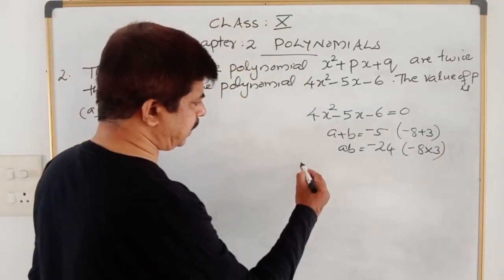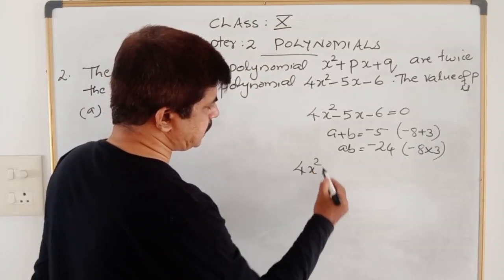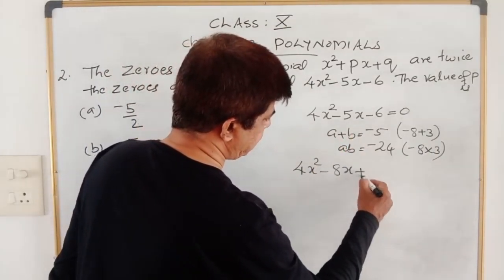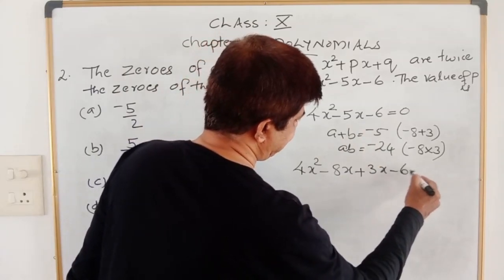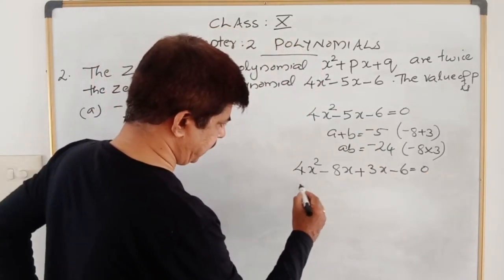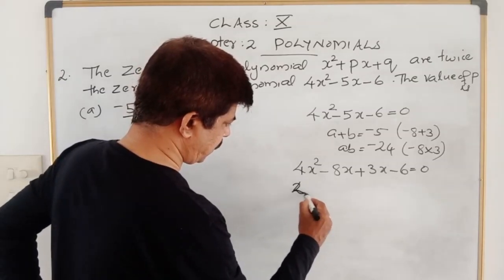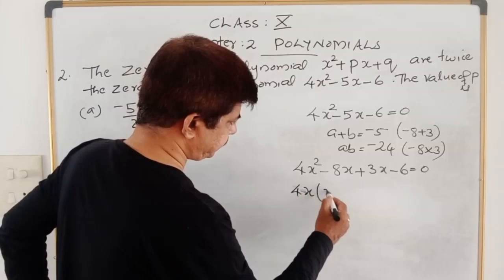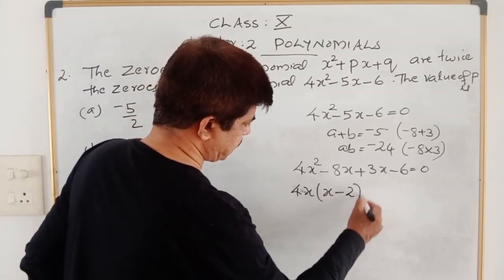By splitting the middle term, we can substitute negative 5x by negative 8x plus 3x, so 4x square minus 8x plus 3x minus 6 equal to 0. So, by the grouping method, we can take the common factor. Here, 4x is common: 4x into x minus 2.